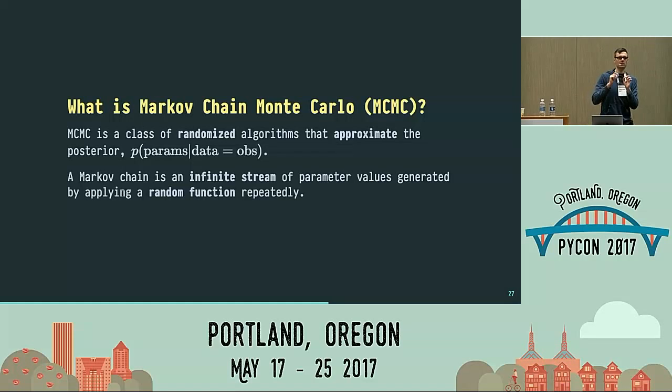So this random function will have a different effect every time you run it on the element. And that's why it's random. But the point here that I want to make is that this random function only cares about the last seen element in this stream. So you get the first element, this is the initial seed, then you call this function, it generates a new value, again, a new value, and this is the chain that you're building up.